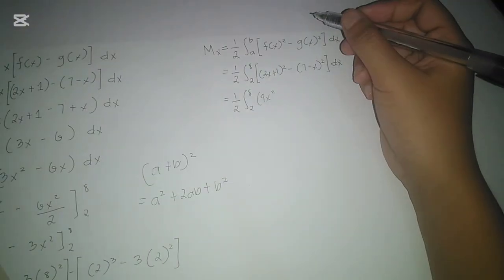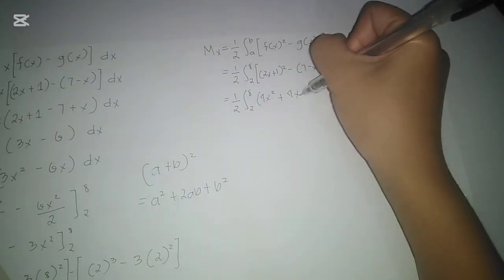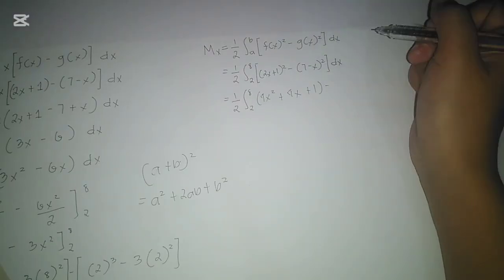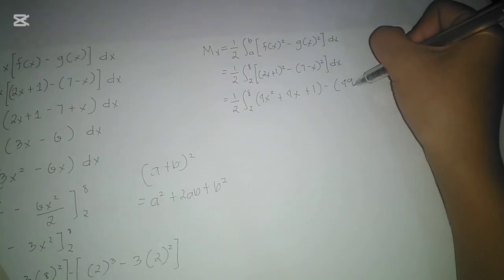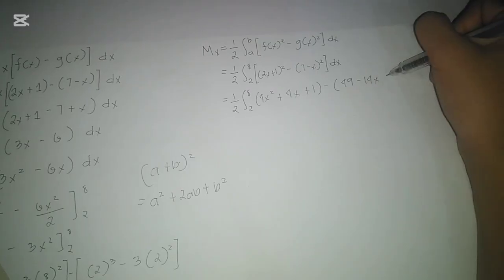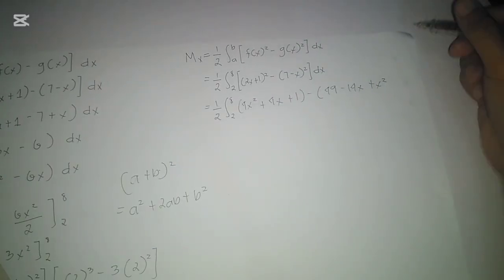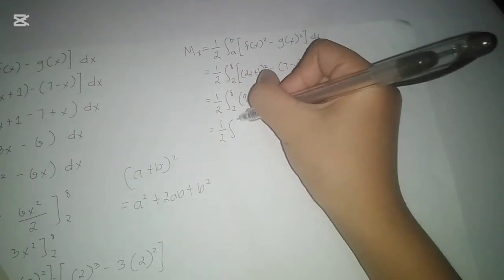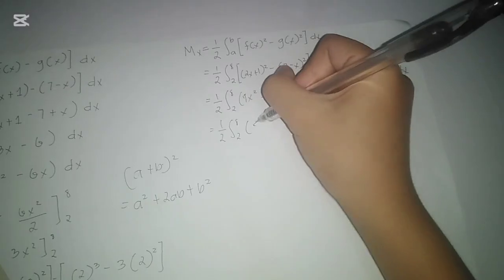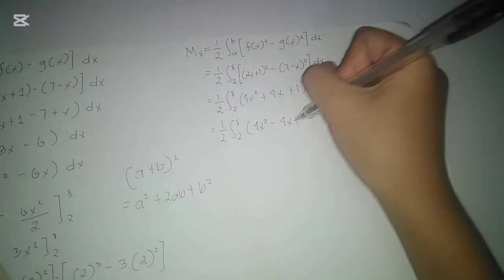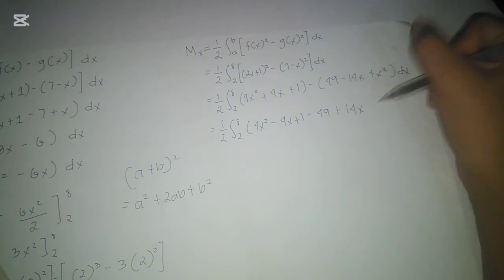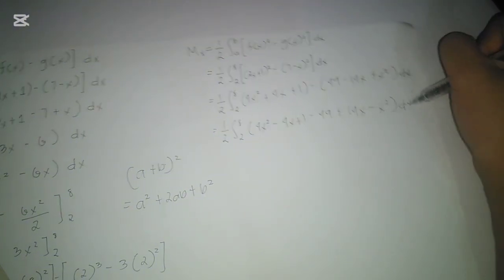So 4x squared plus 4x plus 1 minus 7 minus x squared, we have 49 minus 14x plus x squared dx. And after that, simplify: 4x squared plus 4x plus 1 minus 49 plus 14x minus x squared dx.